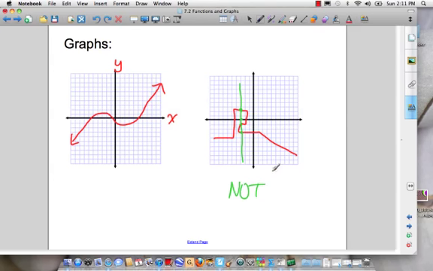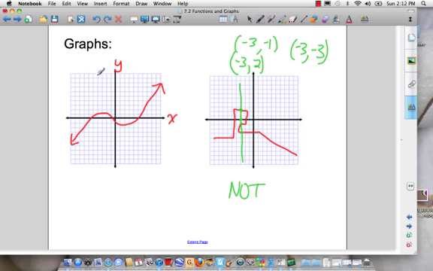That's called the vertical line test, and it shows that a given input has, in this case, 1, 2, 3 outputs. The same input, negative 3, is mapped to positive 2. Negative 3 also appears to be mapped to negative 1. And negative 3 as an input also is mapped to 1. And again, you've got a repeat in your input or x column, so that is not a function.